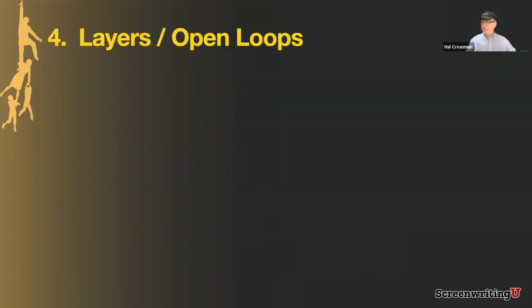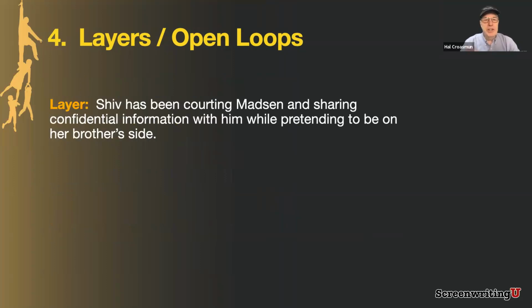And then there's layers and open loops. Let me just point out a few of these. These are what show up right in the midst of these final episodes. Shiv's been courting Matsson, but she hasn't told her brothers.